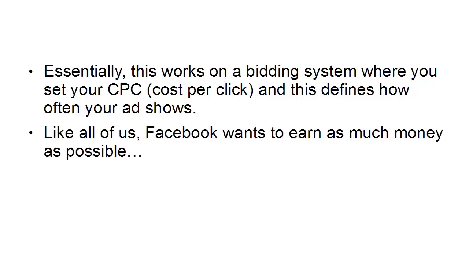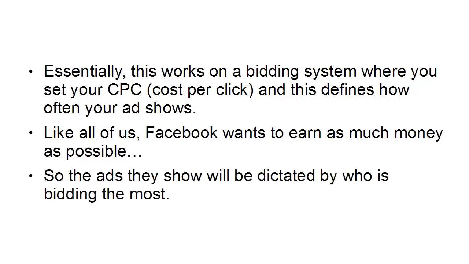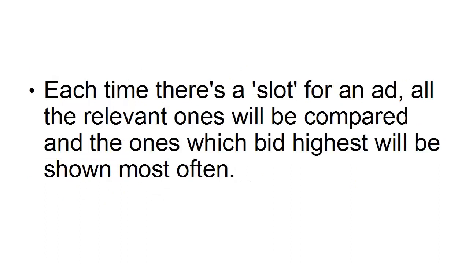Like all of us, Facebook wants to earn as much money as possible. So the ads they show will be dictated by who is bidding the most. And each time there's a slot for an ad, all the relevant ones will be compared, and the ones which bid the highest will be shown the most often.